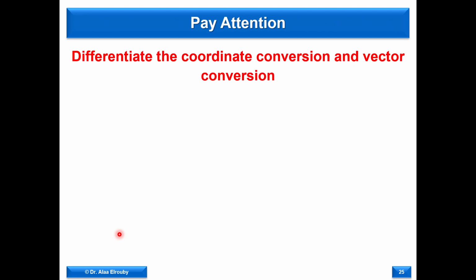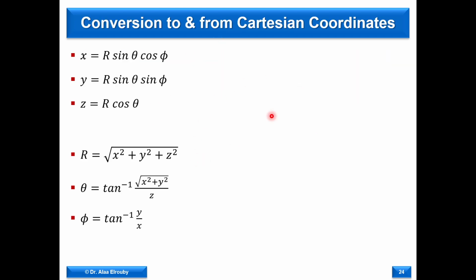It's very important to pay attention to the difference between transforming or converting a vector and converting the coordinates. Here we are converting the coordinates. If we are to convert a vector, the easiest way is to do the projection. For example, if we have the vector in the spherical coordinate system and you want to express it in Cartesian, we need to find Ax.